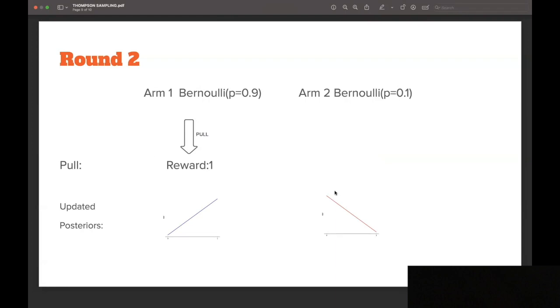As you can see, it updates this posterior so that the expected return of this arm being closer to 1 is much more likely than this arm having an expected return of 0, which also makes sense since we have observed a reward of 1.